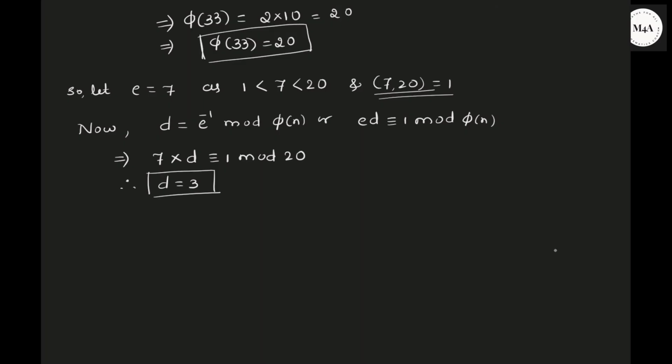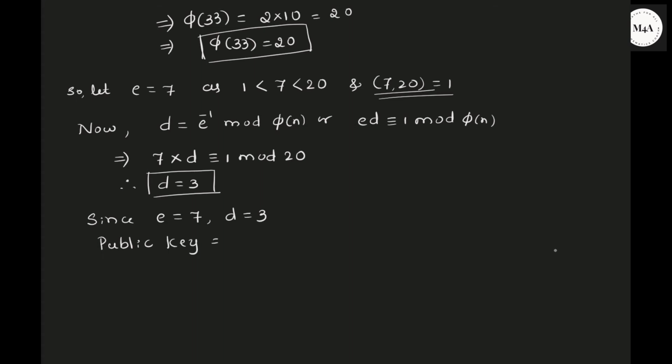Okay, D as 3. So since E is equal to 7 and D is equal to 3, we have both. Then public key is what?